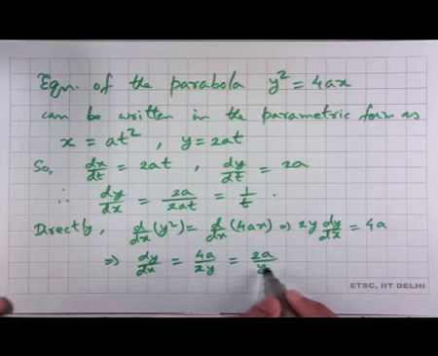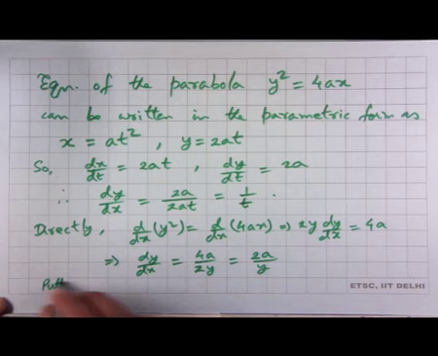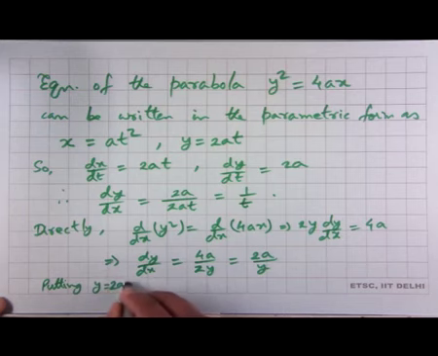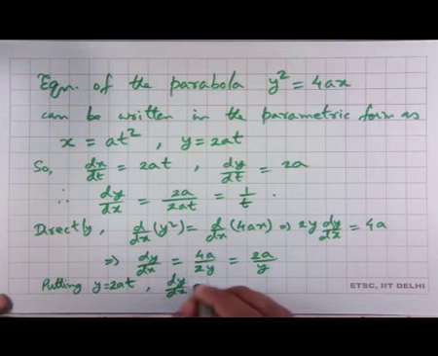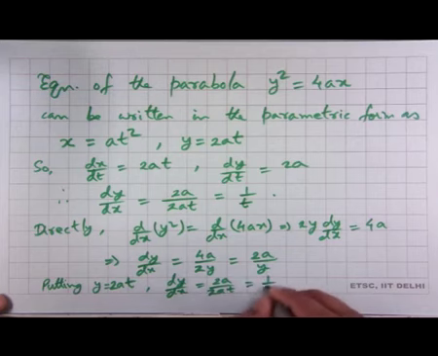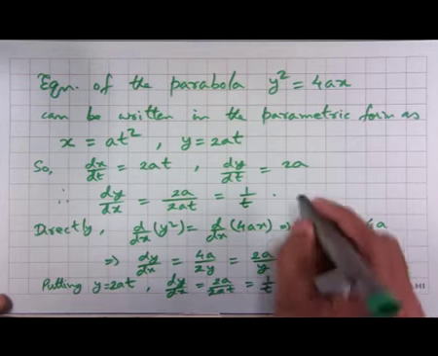Putting y equal to 2at in this, we get dy dx is 2a divided by 2at, which is equal to 1 by t, which is the same as this one.